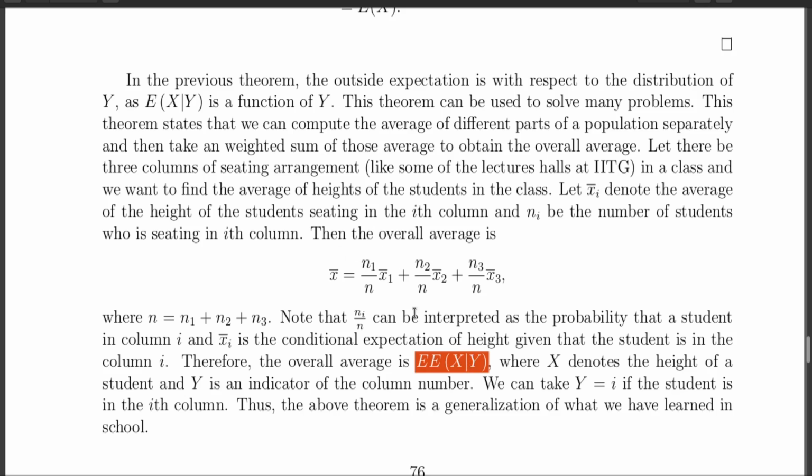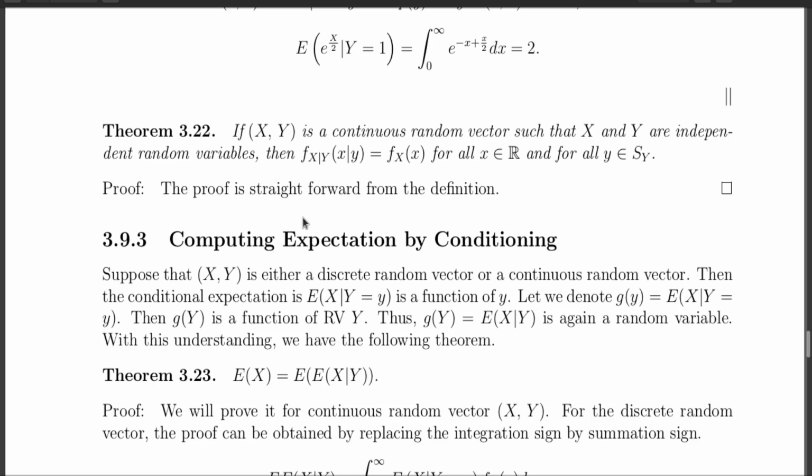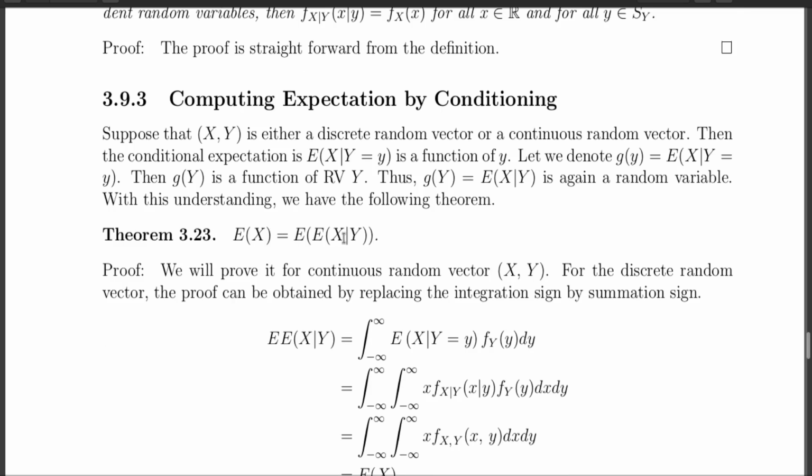So this theorem is basically the generalization of this one, and it tells us that the overall expectation of x can be found by computing the expectation of different parts, which is the conditional expectation, and then accumulating all the conditional expectations using a weighted average, or using another step of expectation with respect to y.